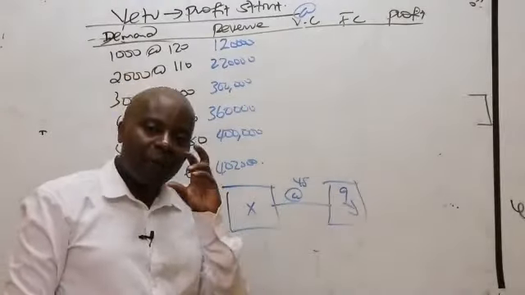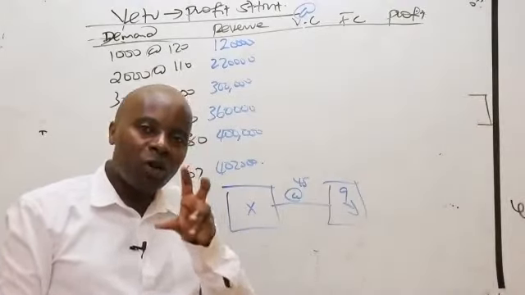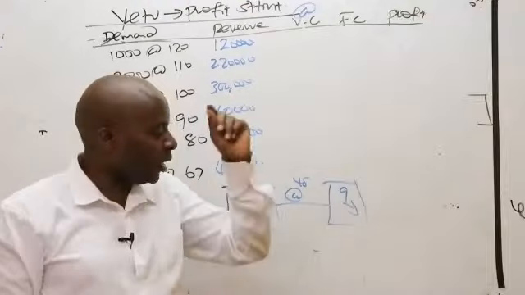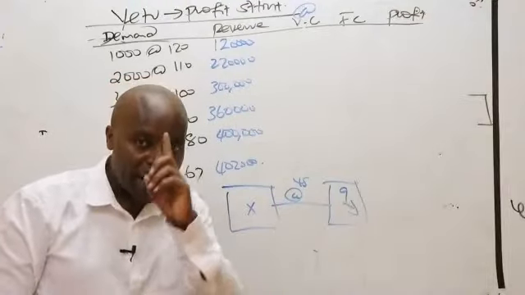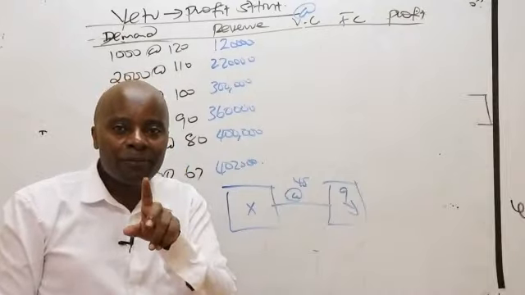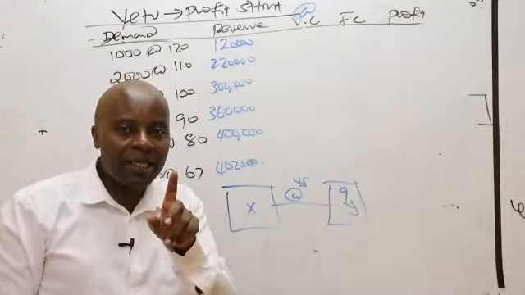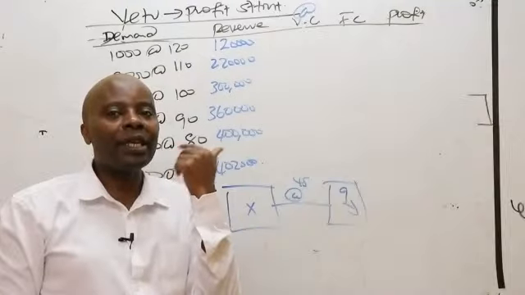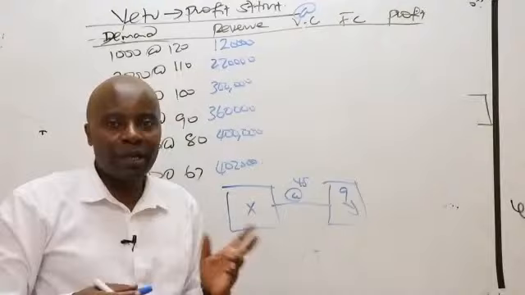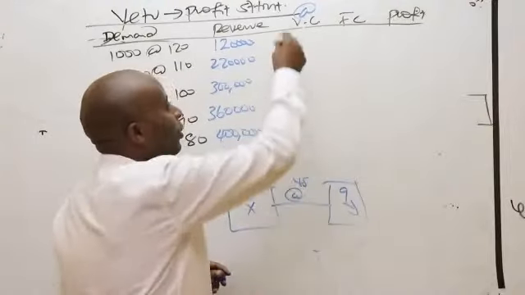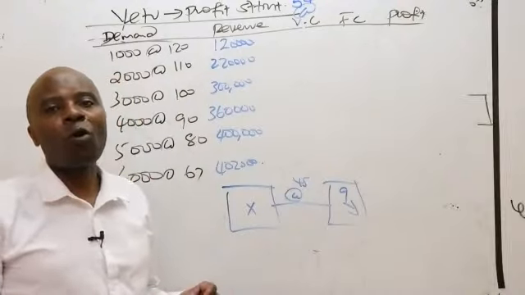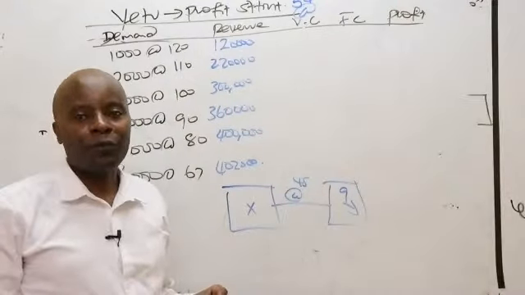Because we are appraising the profitability of Y alone, when it comes to variable costing of Y, I look at my variable cost as Y of 9, and then remember, they're looking at me as if I'm different from X. So whatever amount I paid to X has to be incorporated, fused together with my own variable cost, such that the total variable cost here will be 54. Is there any question there?